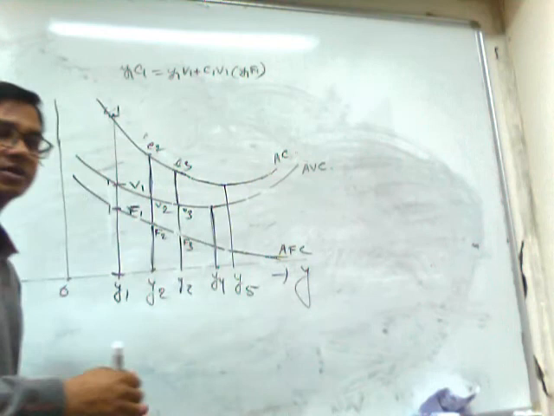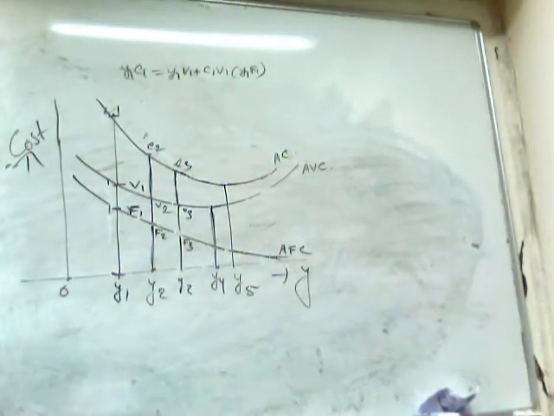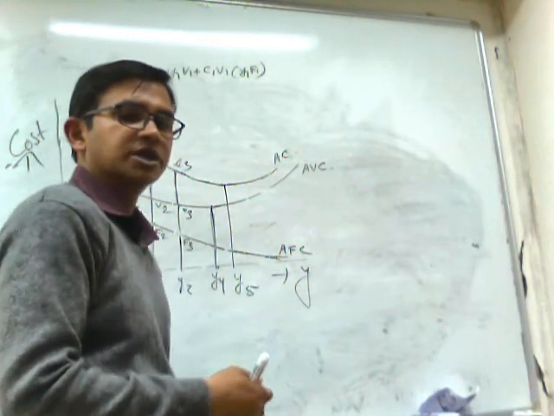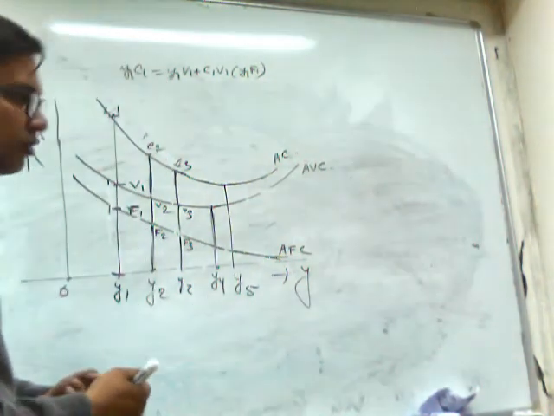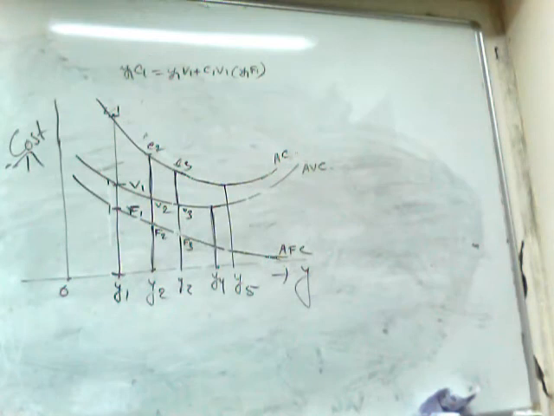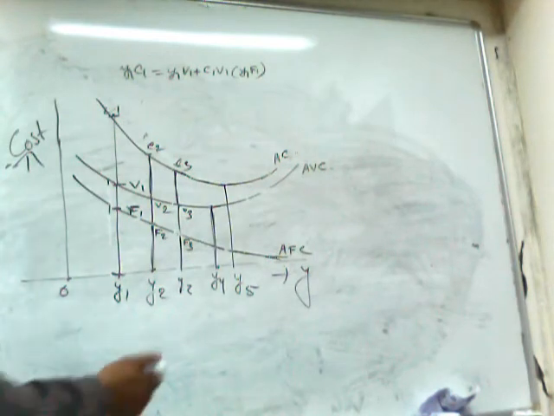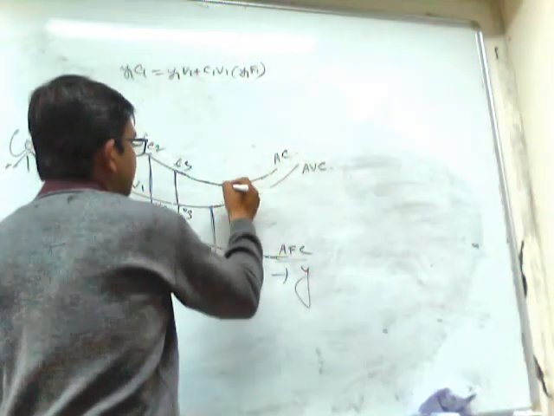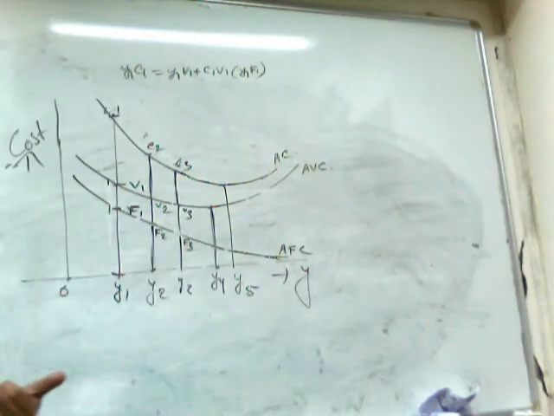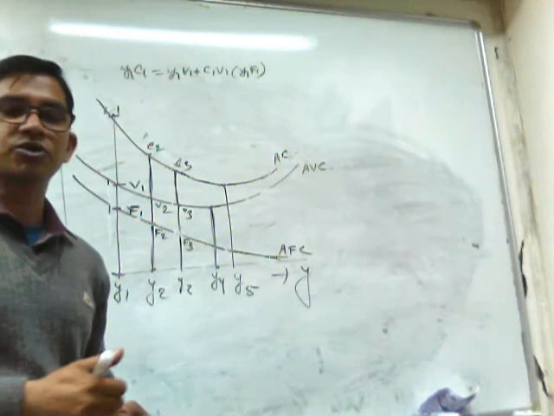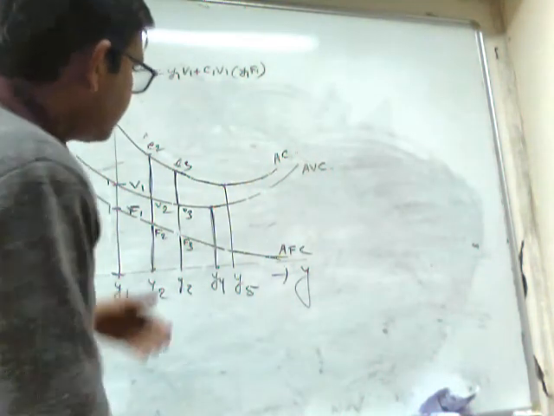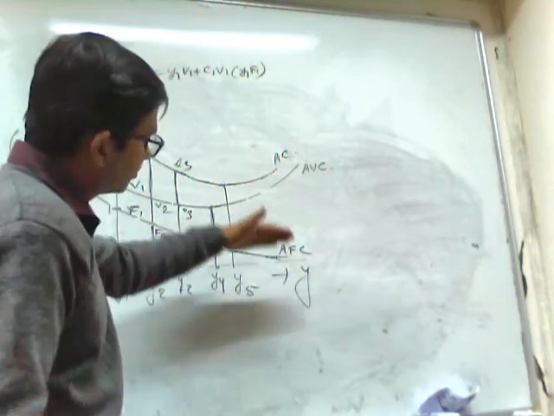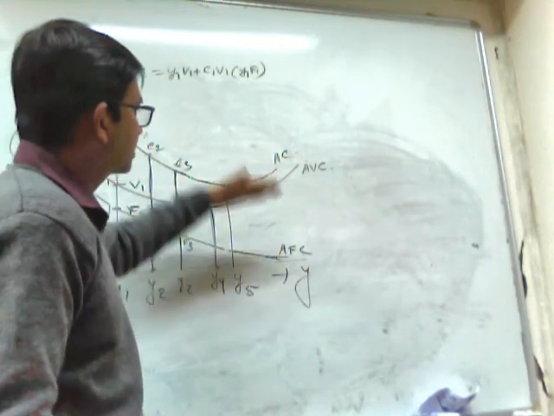So this is basically the derivation of the AC curve with the help of the average fixed cost curve and the average variable cost curve. The average cost curve is also U-shaped, but the minimum point of the average cost curve will always be to the right of the minimum point of the average variable cost curve. AFC will converge towards the horizontal axis but will never intersect it.